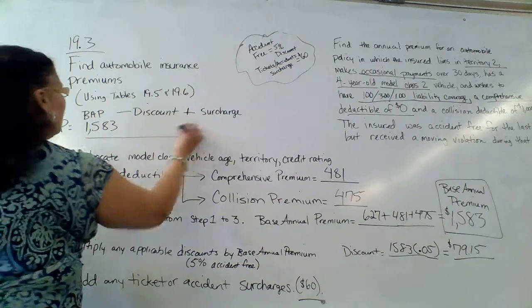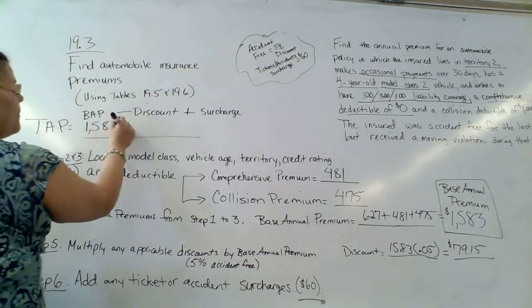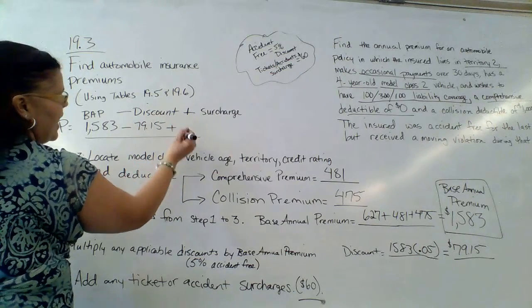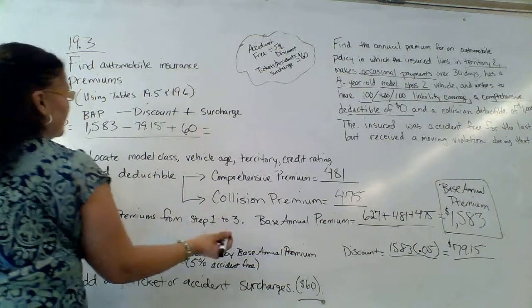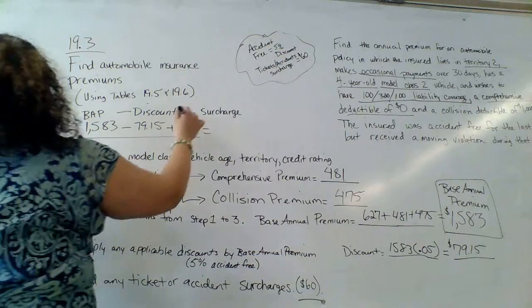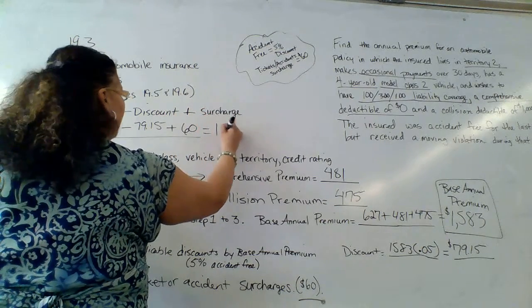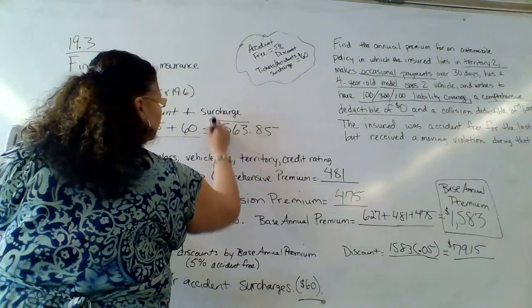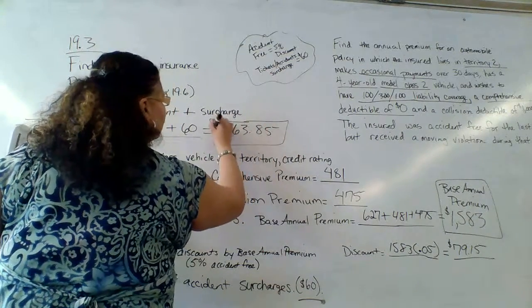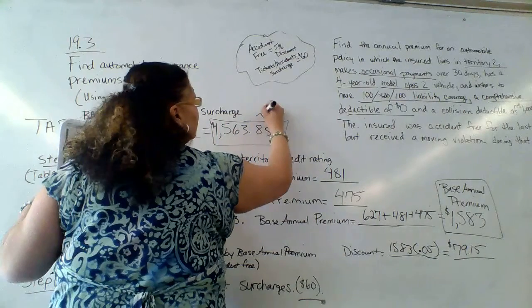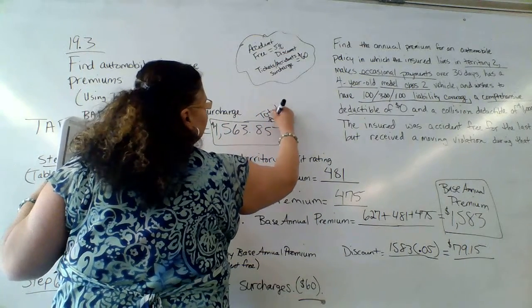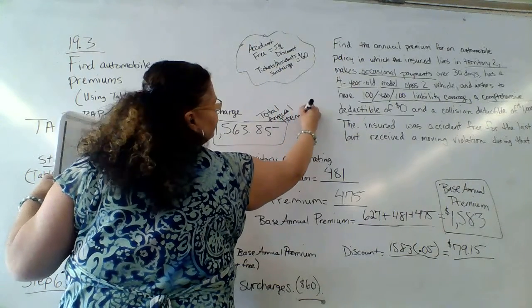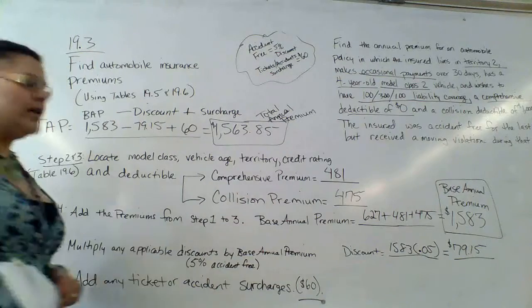So we have the base annual premium minus the discount of $79.15, and then we're going to add the $60 surcharge. So then our total annual premium will be $1,563.85. That's our total annual premium. And that's how you find the total annual premium.